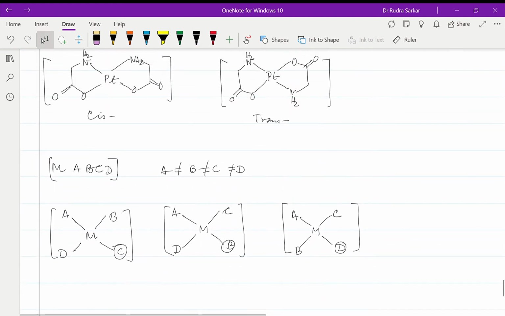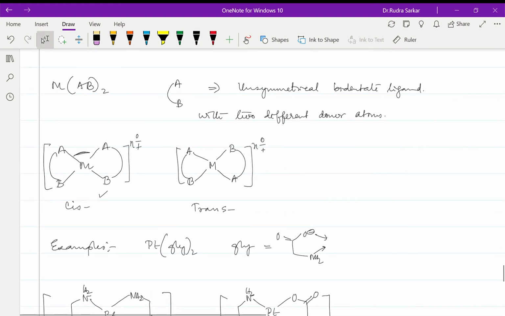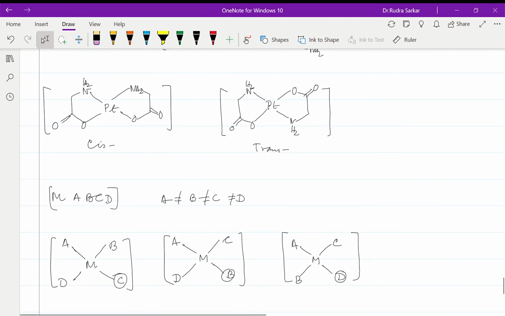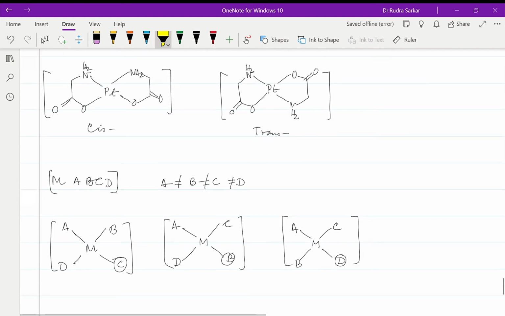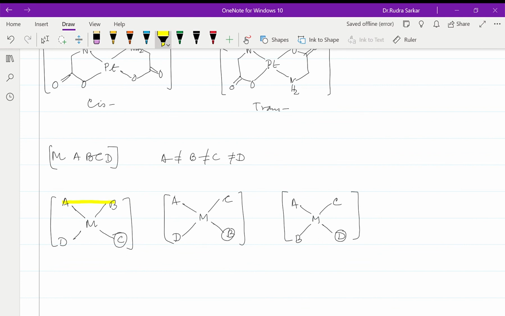Whenever we are dealing with square planar complexes, one thing has to be kept in mind. Suppose I take one example in which all the donor atoms are different. You try to treat all these atoms as spheres, including the central metal atom.